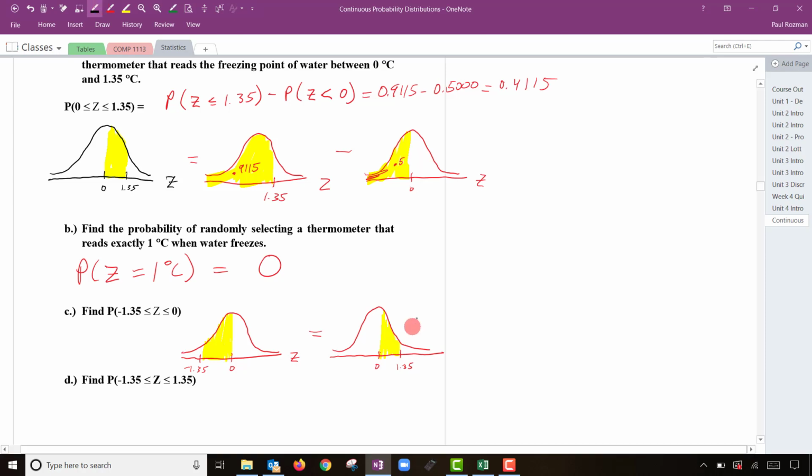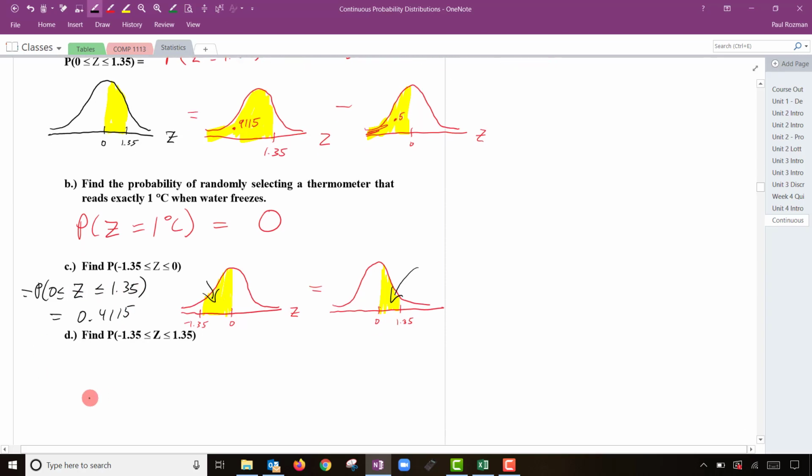If we know this area, it has to equal that area, although you can't tell by my drawing. And we already did that one. It was 0.4115. Of course, if we hadn't already done the previous one, that's what we would do. We would just write this is equivalent to this, and then look this one up in our table to get our answer. So take advantage of symmetry when you can.